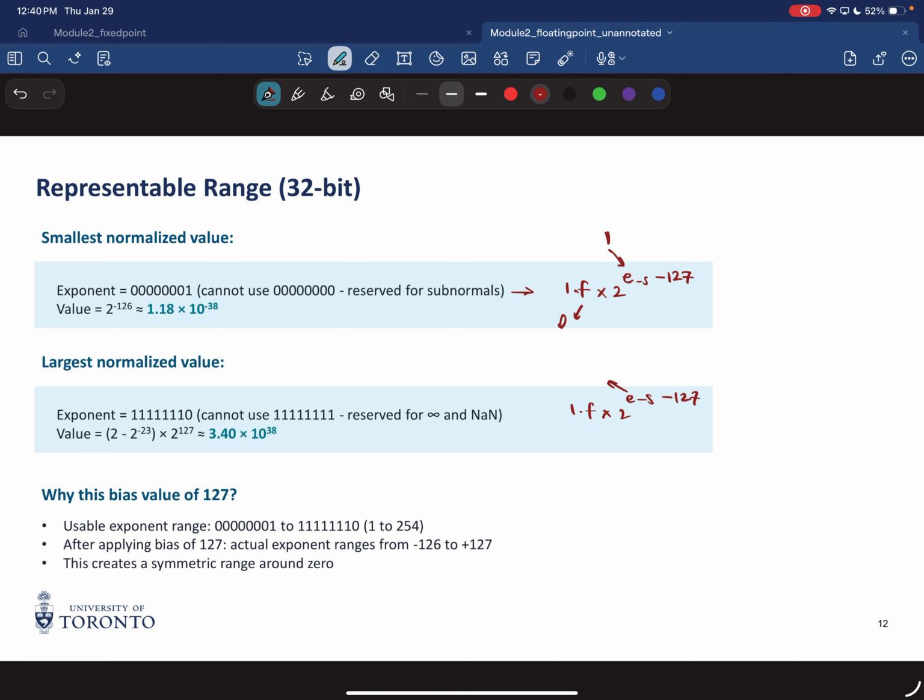It can't be all 1s, but what you can have is the mantissa as 1.9 or whatever, very close to 2, but minus the last, 23rd bit of the fractional part. And here we are just putting 254 for the stored exponent, because that's the largest available one, and it's not going to the special case.